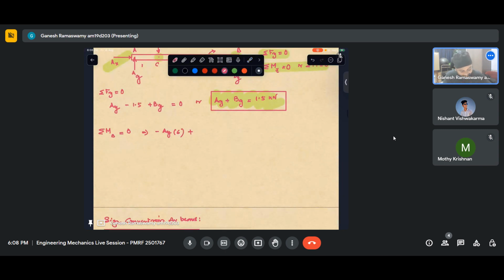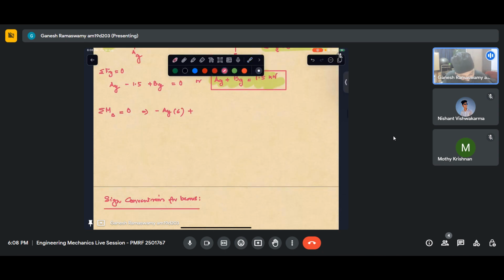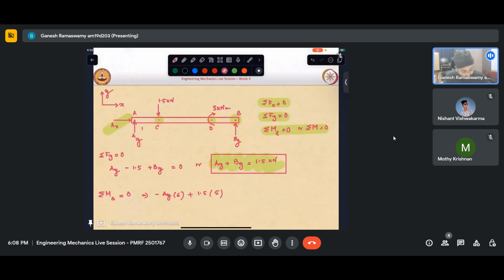Plus, I know this force will create an anti-clockwise moment there. So it will be 1.5 into 5, since I have subtracted out that distance. Now we should definitely account for this couple since we are adding up the moments.